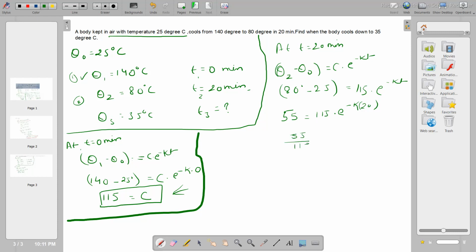Now this will go downside. 55 by 115 is equal to e power minus k into 20. Or we can also write it as log 55 by 115 is equal to minus 20k. This e will become log, and minus 20k will be left. So what is the value of log 55 by 115? Let me check.